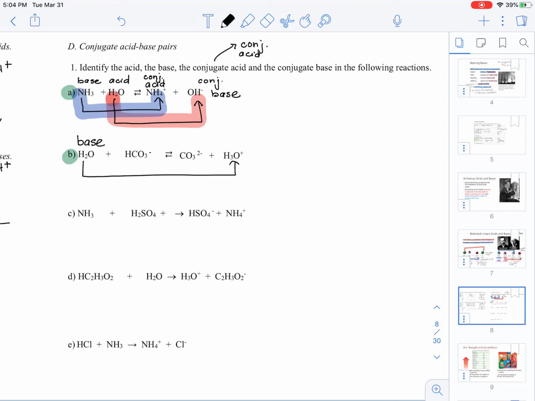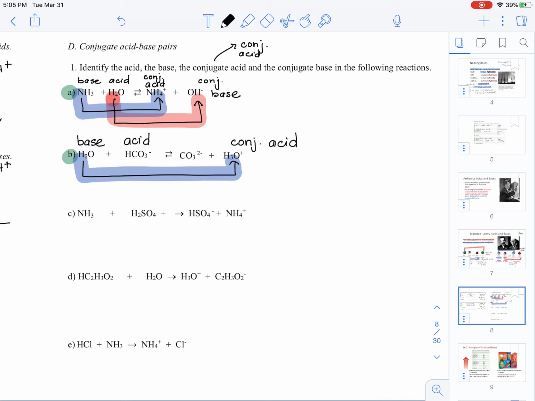The molecule that results from a base accepting a proton is called the conjugate acid. So again, water is acting as a base. In this case, if water is the base, then the other compound has to be the acid. So HCO3 is the acid.